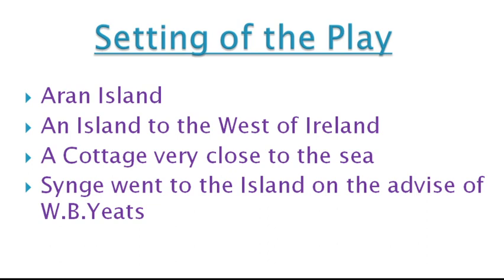The scene is laid in the kitchen of a small cottage. So, first scene, kitchen of a small cottage. The fishing net kept there indicates that these people earn their living by catching fish.